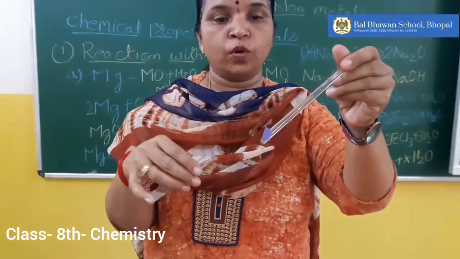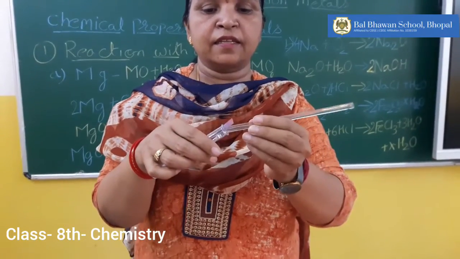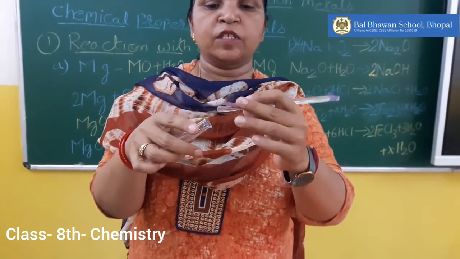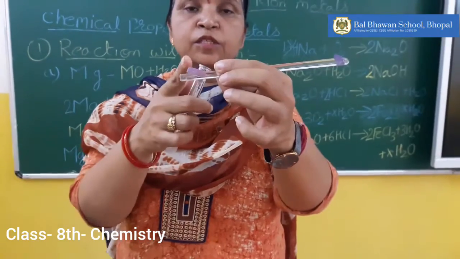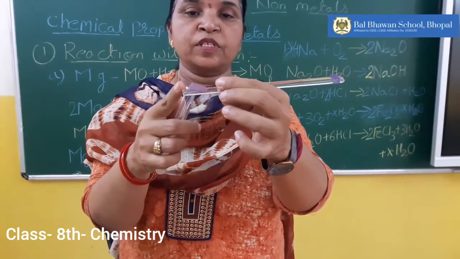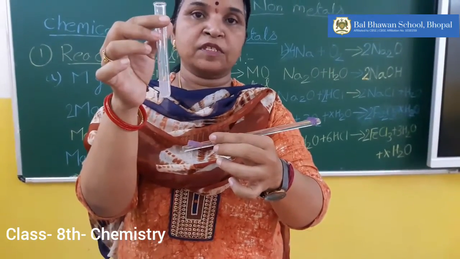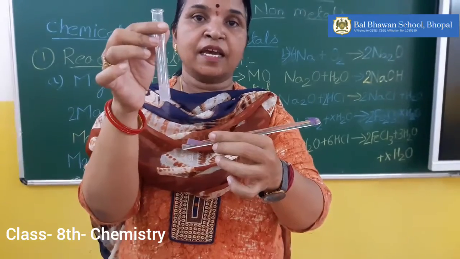But you can clearly see the red litmus paper changes to blue. When the red litmus paper changes its color to blue, that means the produced substance is basic in nature.